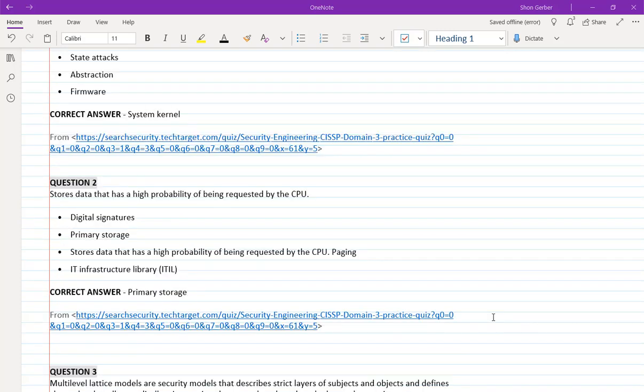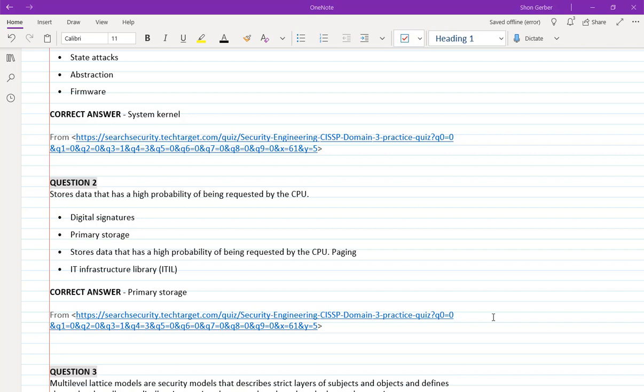Question 2. It stores data and has a high probability of being requested by the CPU. A, digital signatures. Those typically aren't something that would store data. B, primary storage. That possibly could be it because it's got storage in the name.